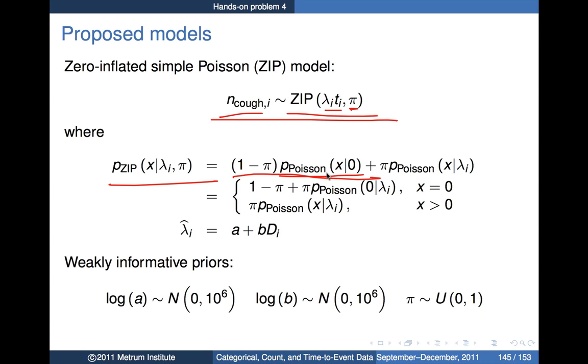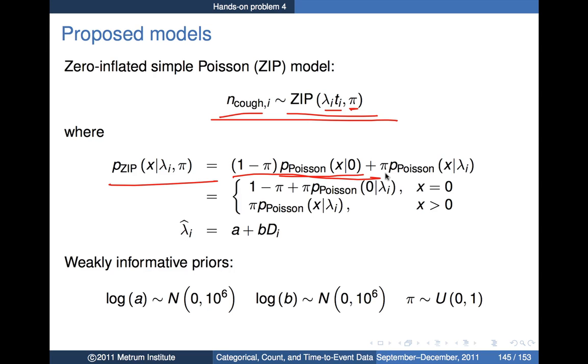That's actually kind of a WinBUGS trick in this case, because the Poisson distribution with a mean of 0 is a degenerate case, because that says that the probability that the count is 0 is always 0. But that's a useful trick in terms of implementing it in WinBUGS.